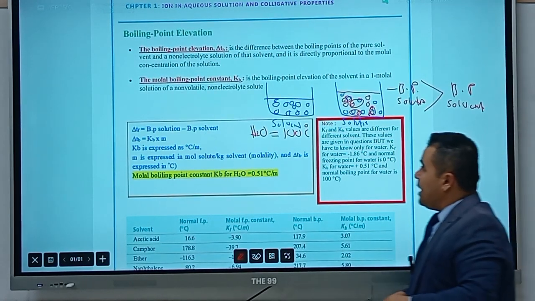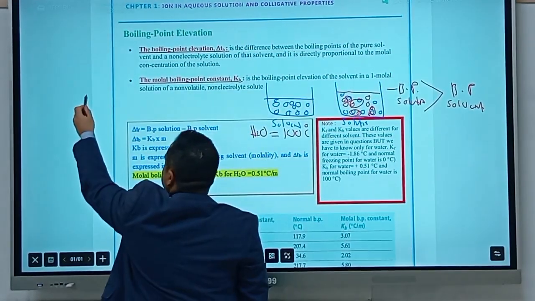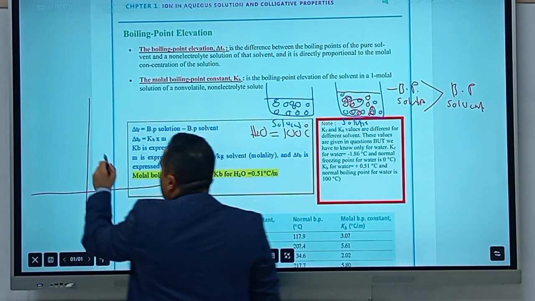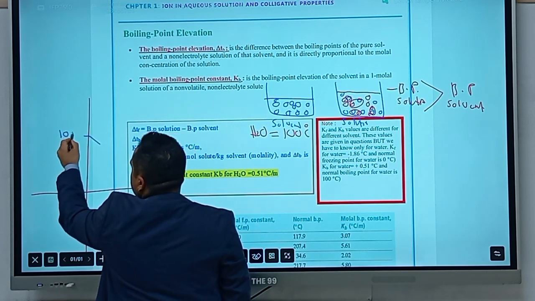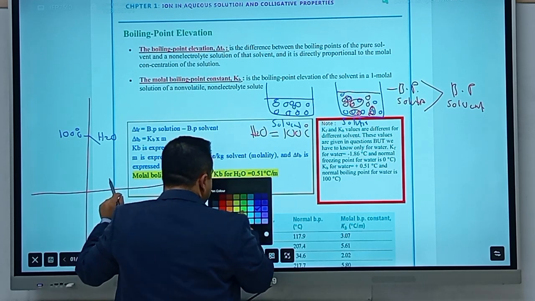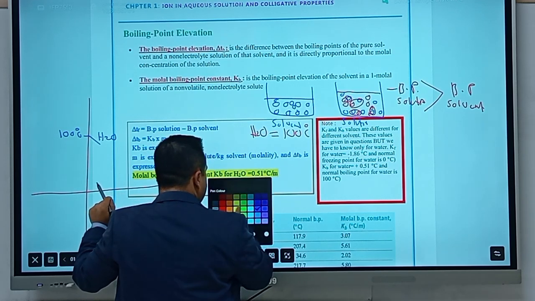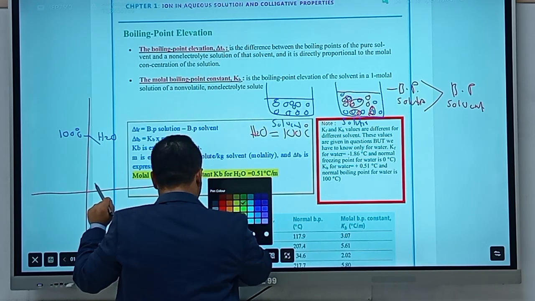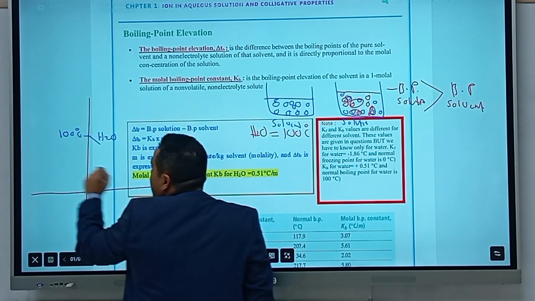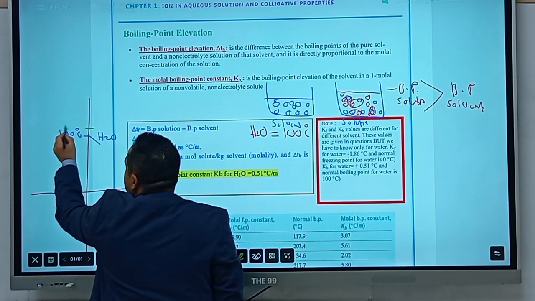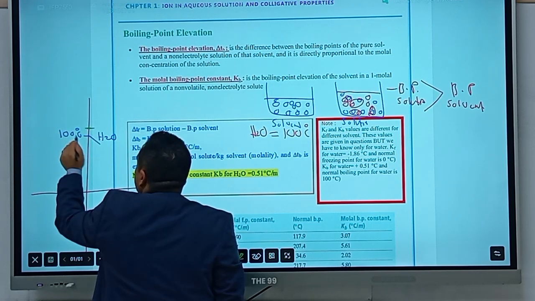The second, how the boiling point changes. Suppose we have a coordinate system here, and this is 100 Celsius for H2O. We have Kb for the boiling point, as we had the Kf for the freezing point. When the molarity increases by 1, the elevation will be by 0.51.